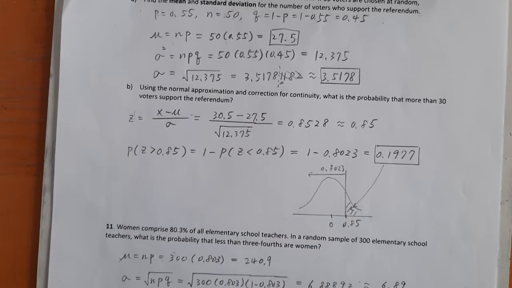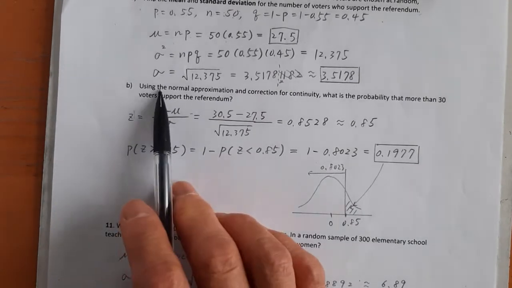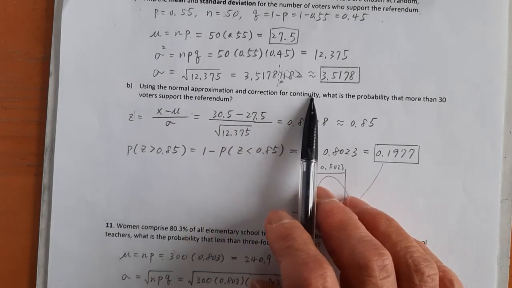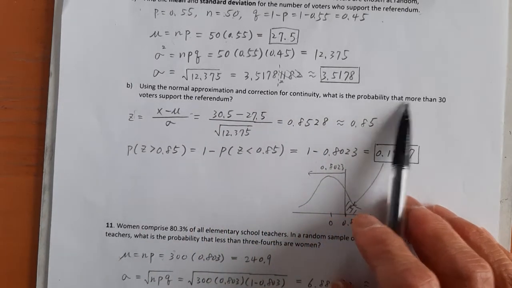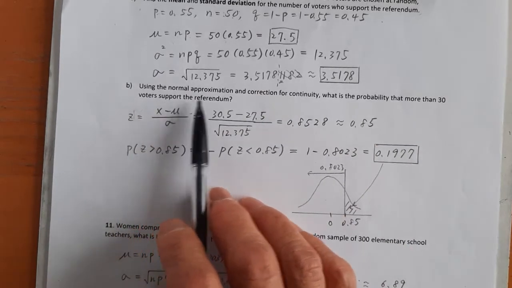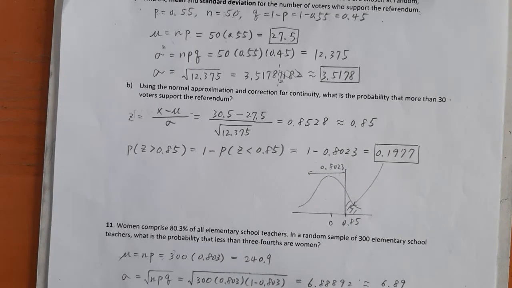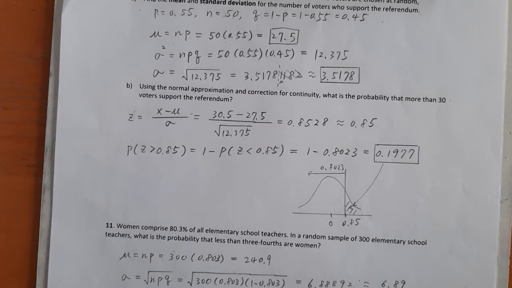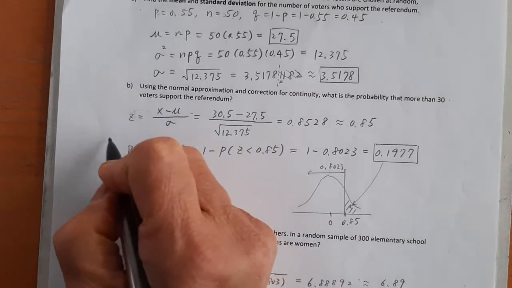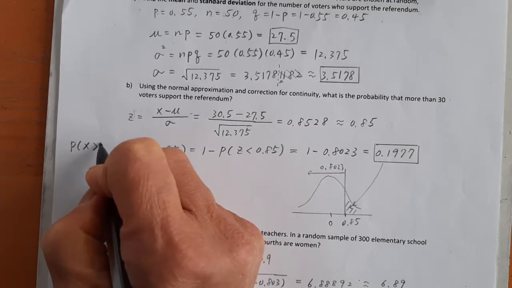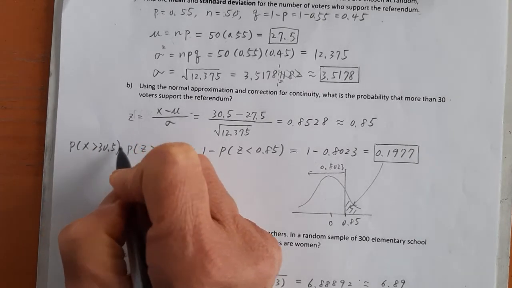And the next one, using the normal to approximate and correct for continuity. What is the probability that more than 30 voters support the referendum? Since this is a probability, we're looking for the probability of X greater than 30.5.